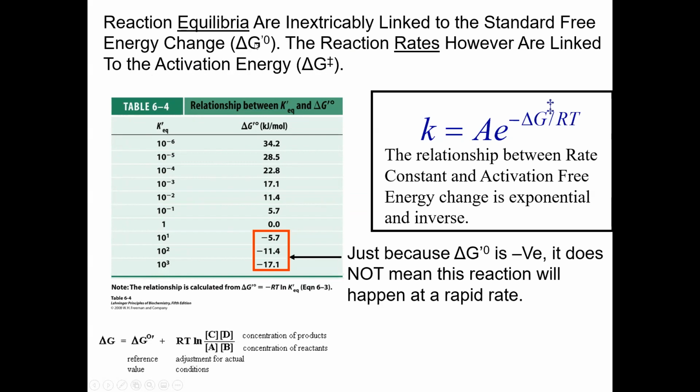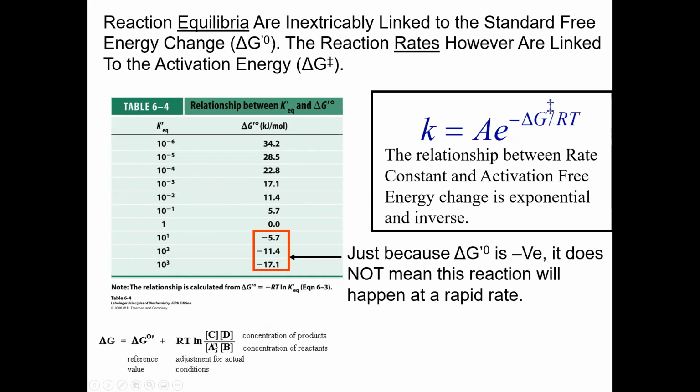Now, free energy change, if you remember from the equation that you learned, is written here at the bottom. Delta G is equal to delta G naught plus RT ln of the concentration of C times the concentration of D, divided by the concentration of A times the concentration of B. I hope you remember that equation, where delta G is the actual free energy of the reaction we are talking about here.